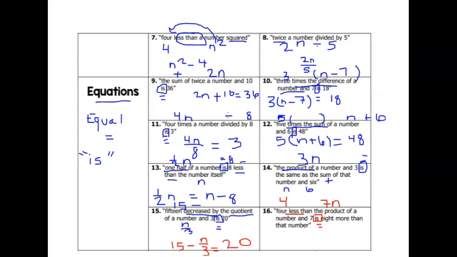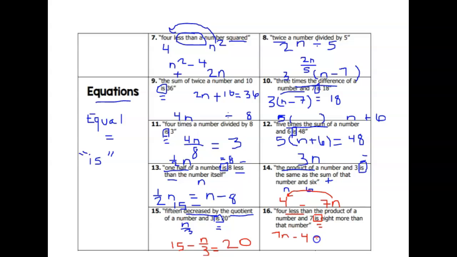And in the chat, someone said, hey, I already know less than is my turnaround phrase, Miss Bennett. I know it means subtraction, so I got to flip those around. So they know, hey, less than is subtraction, but we got to flip this. So this is going to really be 7n minus 4. Yeah, every time we see less than, that is my turnaround phrase.